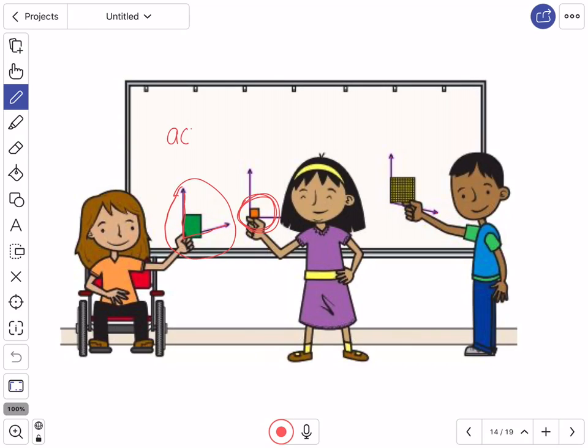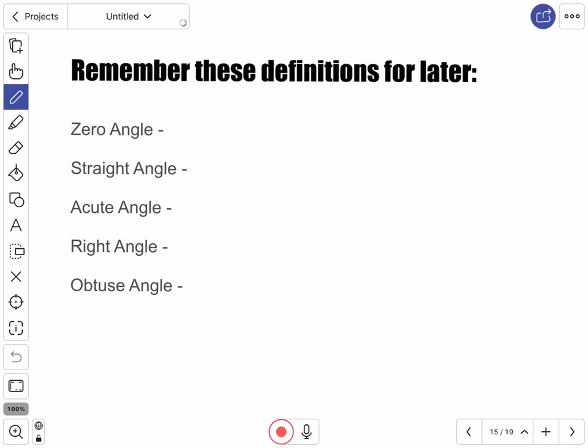And then if we were to use our flat, our 100 block that we have been using before we left school, we can see that the angle is actually larger than the flat, which means it's obtuse.